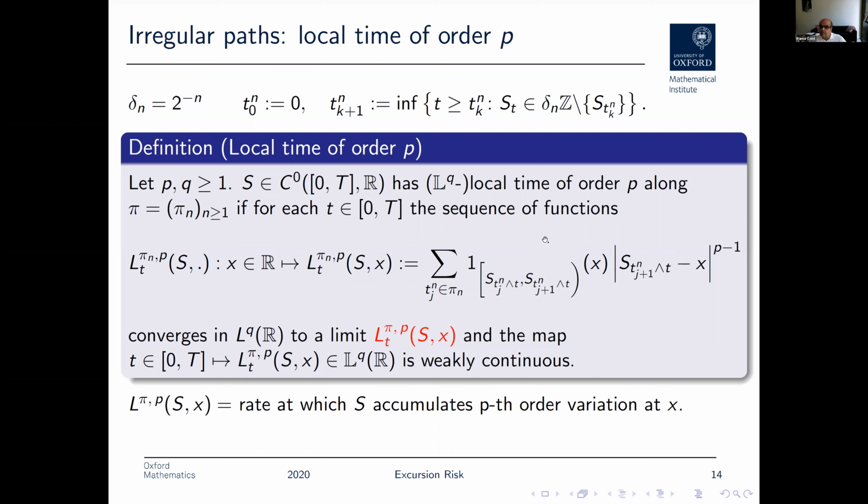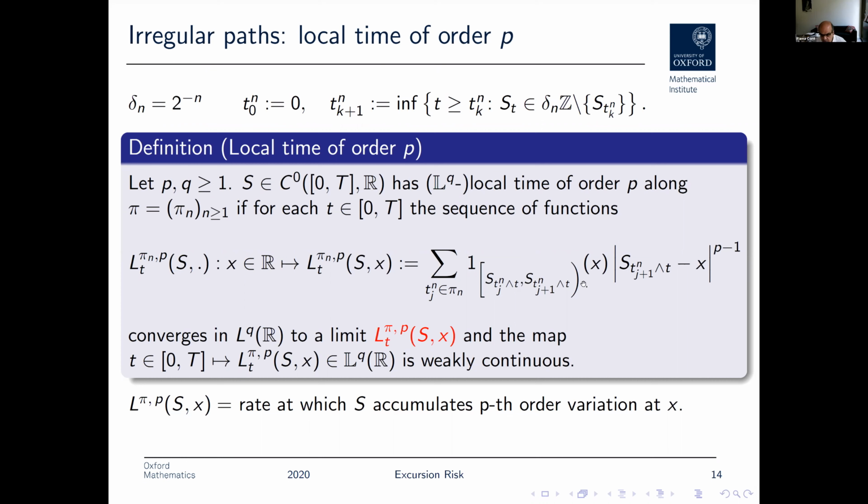Okay, so what if this sequence of functions computed along the grid, so now we're going to refine the grid, converges? It can converge in different ways. Here we're going to look at the convergence in some L^q. Think of it as L2 to simplify if you want, but we're going to use different p's, so it's important to have the different notions of convergence.